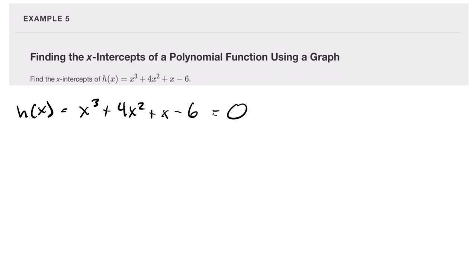Because I'm not seeing, let me see. Oh, using a graph. Okay.